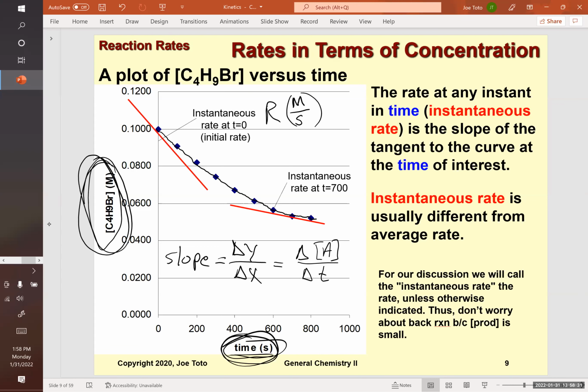And so all I would need to do is put in a negative sign, and then it equals our equation for the rate of consumption of A.